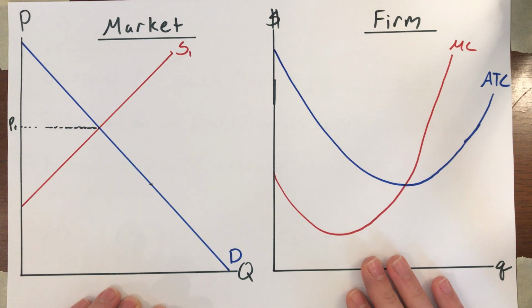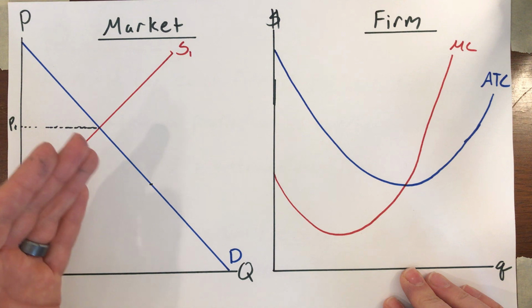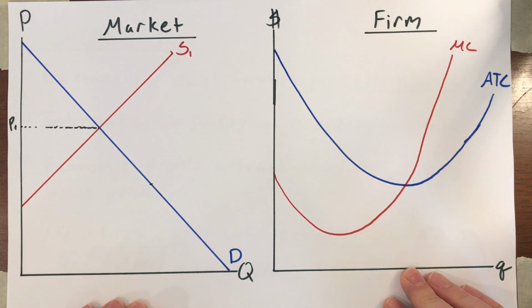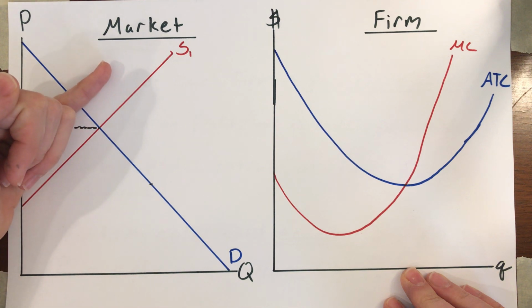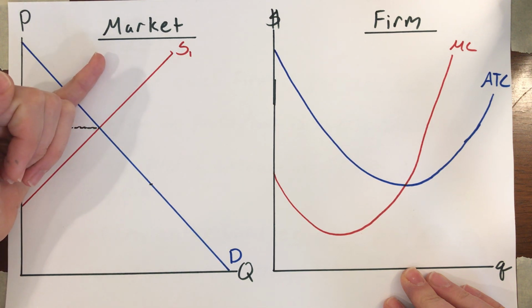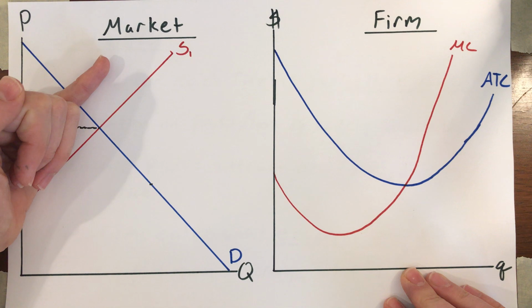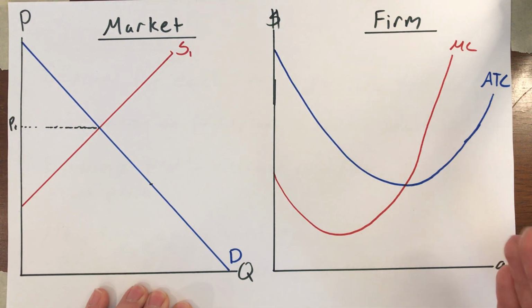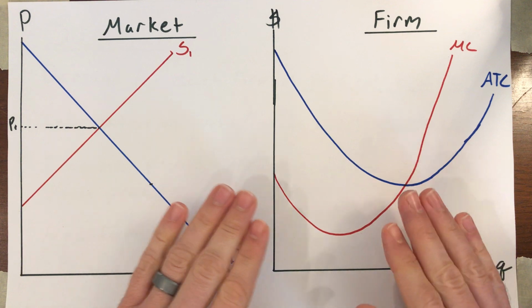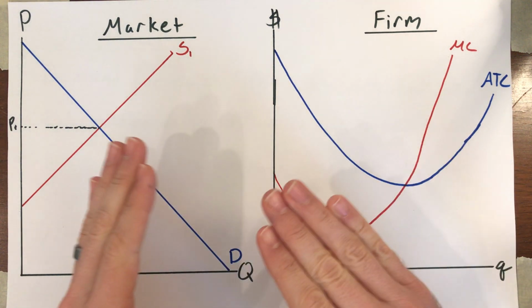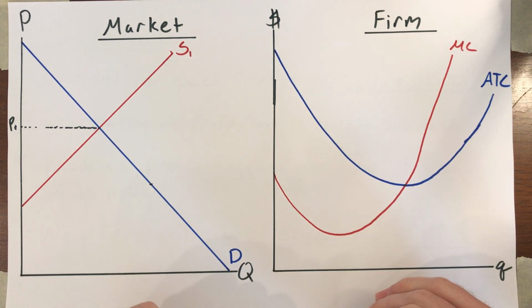Well, the problem is if you're one of those firms, you know that if you keep producing 100% of your output while everybody else reduces their output by 15%, then this supply curve is going to push the price up by almost exactly the same amount as it would if you cut your production along with them. So in the back of your mind, you're thinking, you know what? I could make more profit if I just keep producing as much as I want to, and I let everybody else cut their output by 15%.